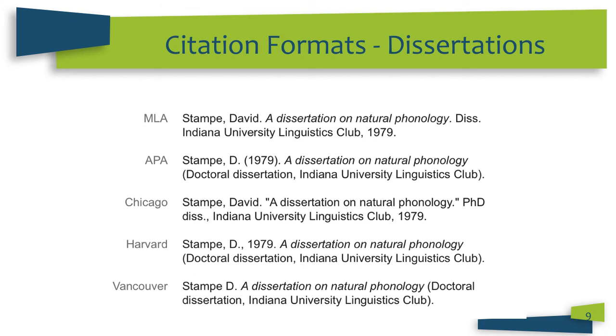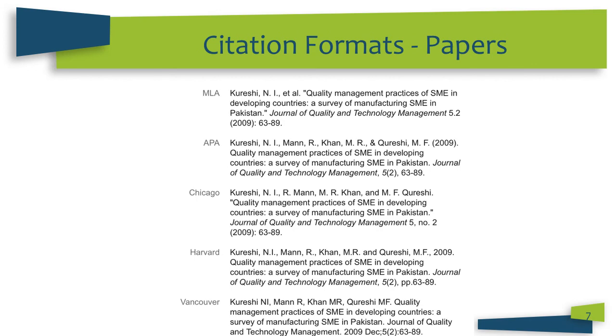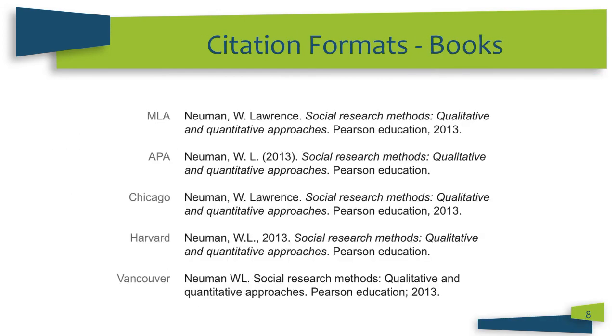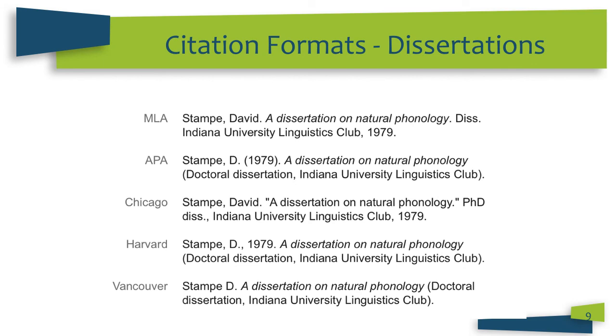If you click the paper, you'll see a double inverted comma besides that paper. If you click it, it will give you all the styles in which it could be cited, and you could copy that citation. These slides that you see are actually screenshots from scholar.google.com.